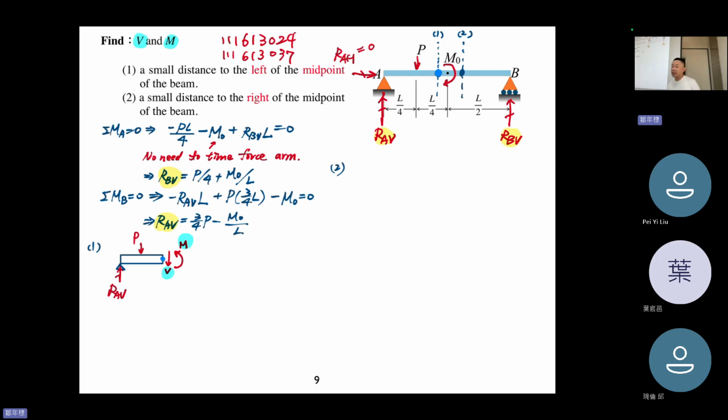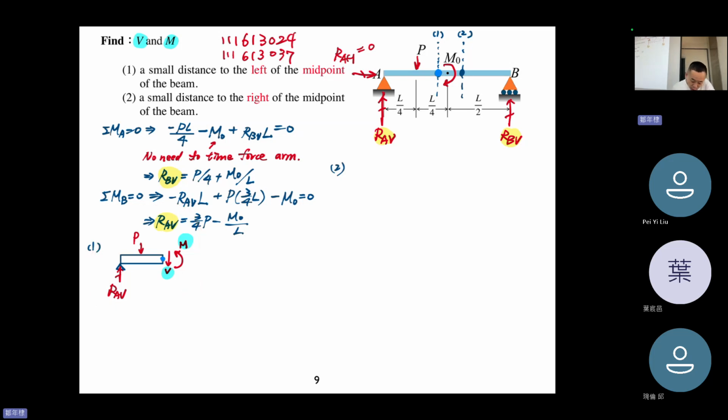The reason we're going to see this example is to see how an external moment, an additional moment, will change the shear and moment when you go from the left hand side to the right hand side. So we cut the left hand side. This is the force diagram. We leave the left hand side, right? So cut, and then we have this.